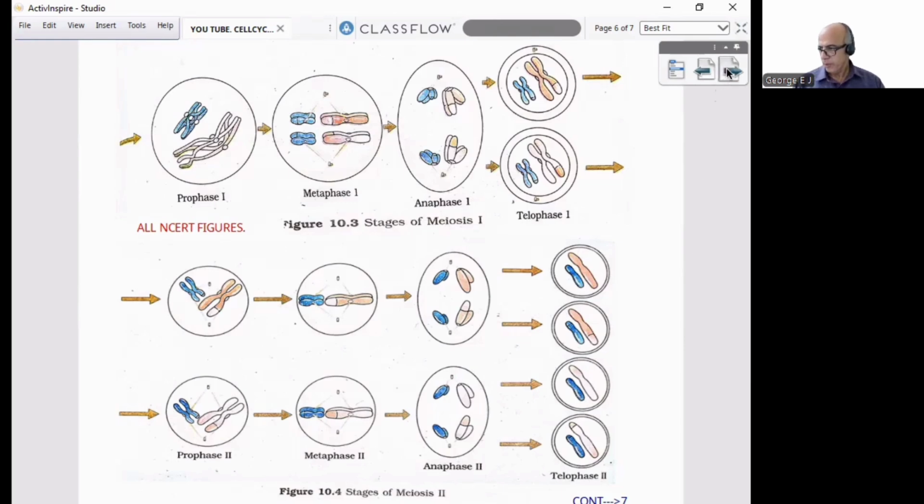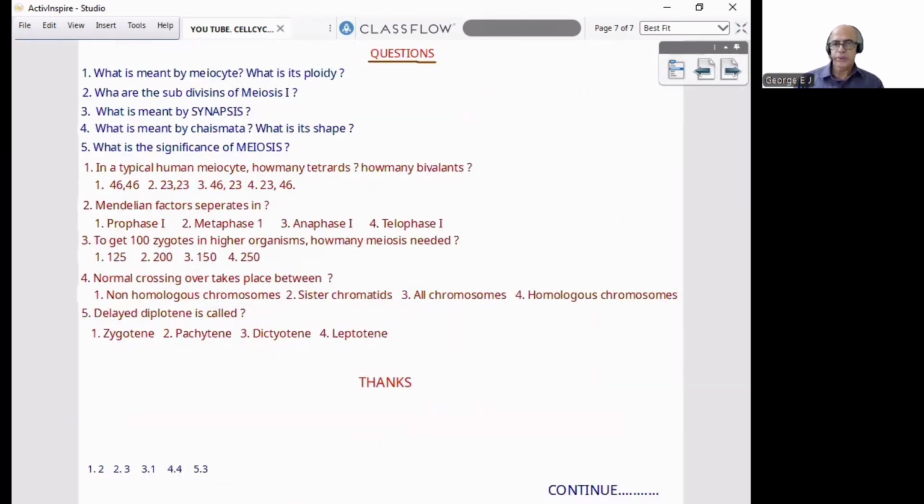Now, as usual, stages can be put in exams, either theory or entrance: identify the stage. How you can distinguish mitotic metaphase and meiotic metaphase 1 or metaphase 2, that aspect we'll discuss when we do the questions. Now, as usual, 5 theory questions, 5 NEET model questions with the key given here.